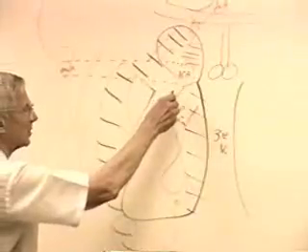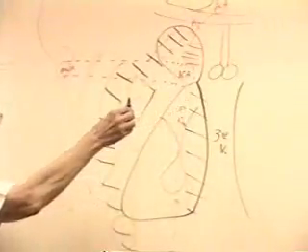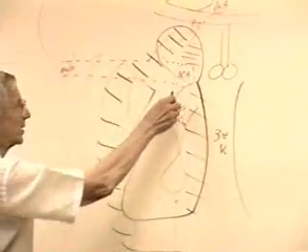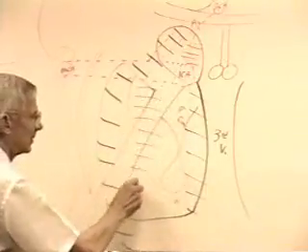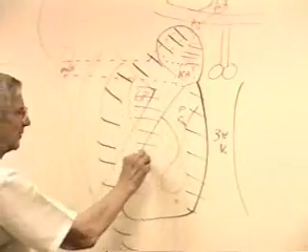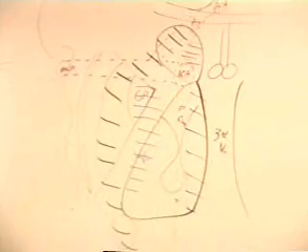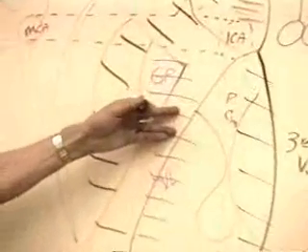The anterior choroidal, which comes off the internal carotid just a millimeter or two superior to the posterior communicator, now comes in to supply the globus pallidus, the ventral lateral complex of the thalamus, and the intervening posterior limb of the internal capsule.